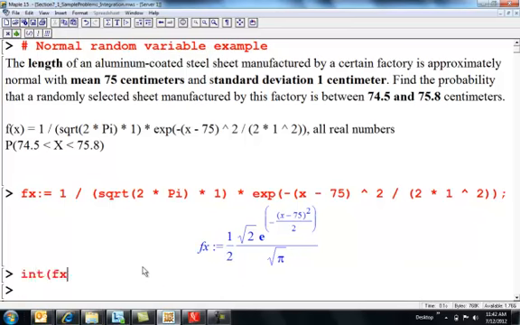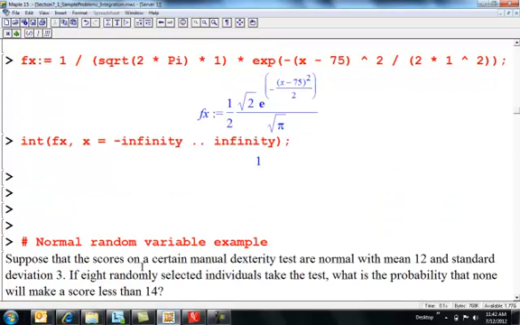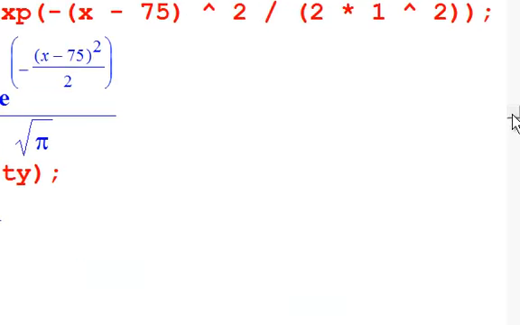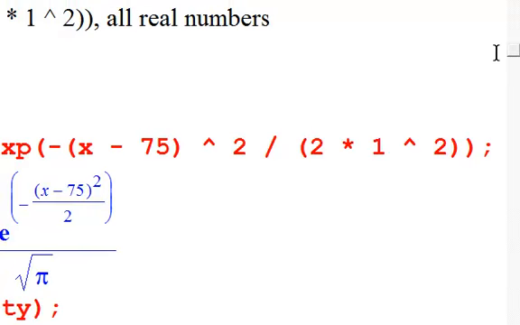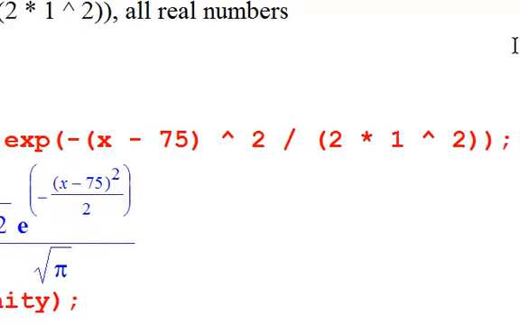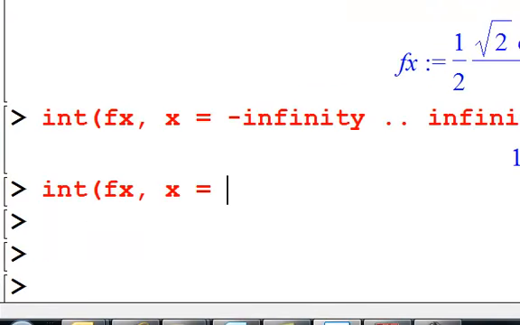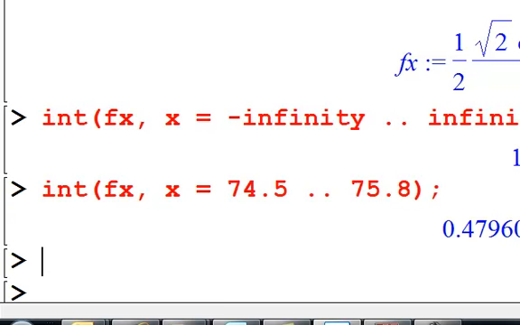Let's integrate f of x from x equals negative infinity to infinity to make sure we get 1, because it's very easy to make a mistake when you type that in. So the probability that a rod is between 74.5 and 75.8, and yep, that's the right thing.